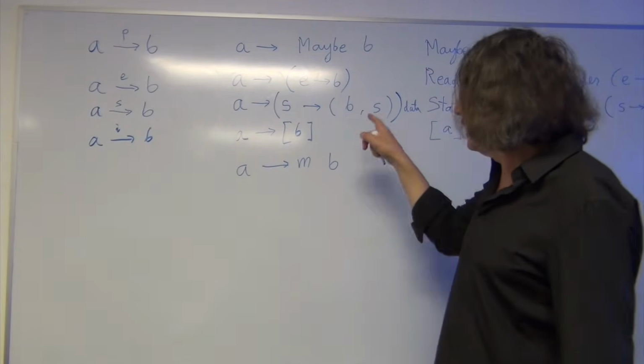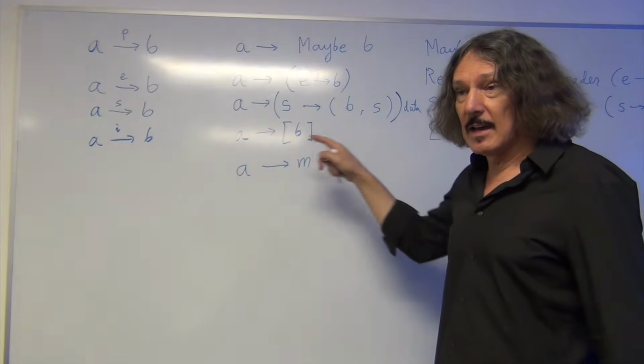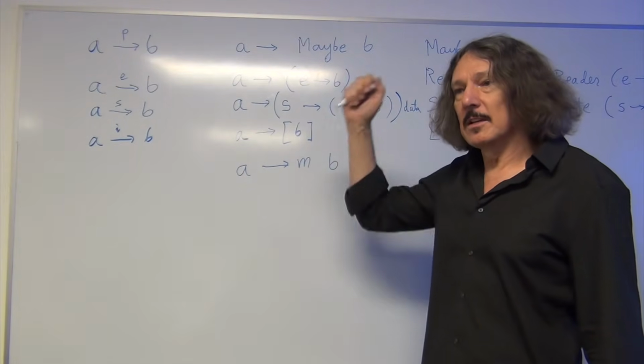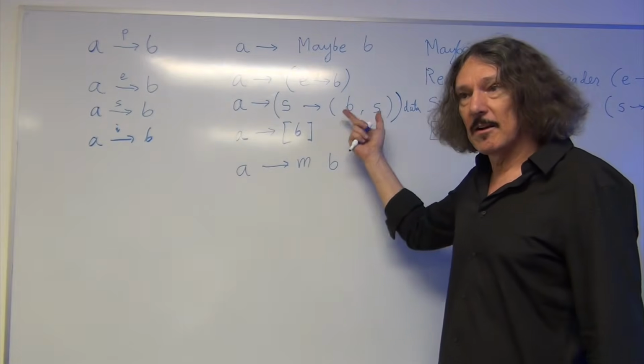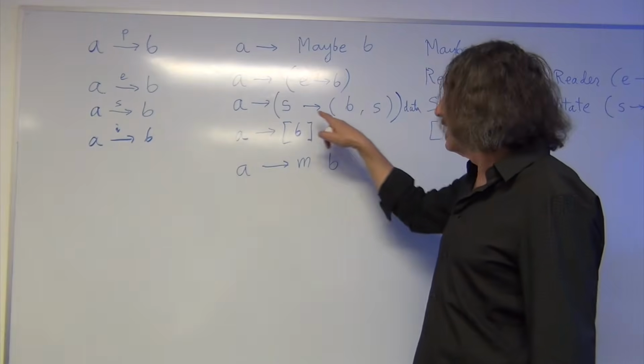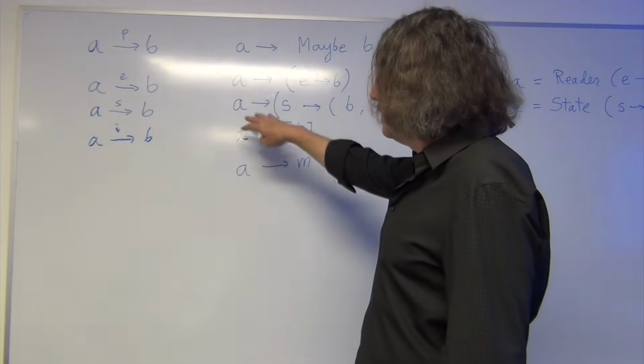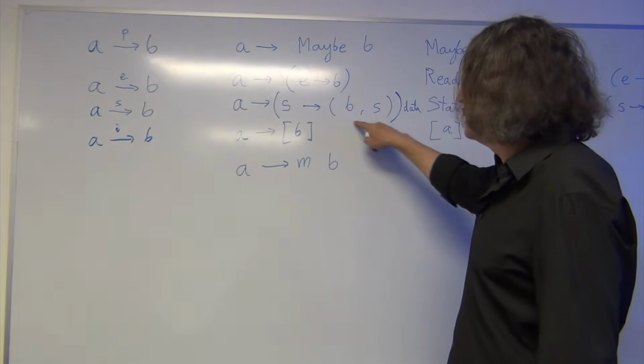So we are encapsulating the type b as a function that returns a pair of b with state. It's a function that takes state and returns a pair of b and state. So every time we call such a function, it produces another function.